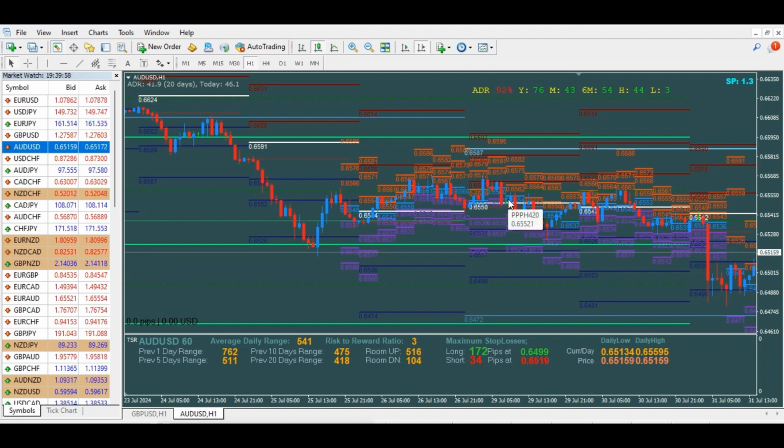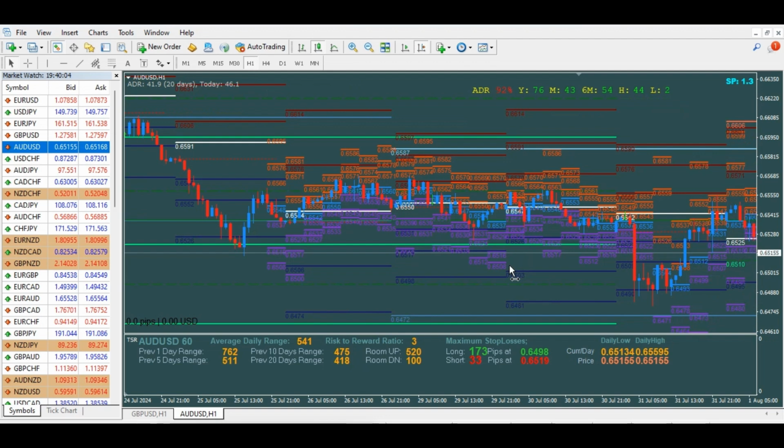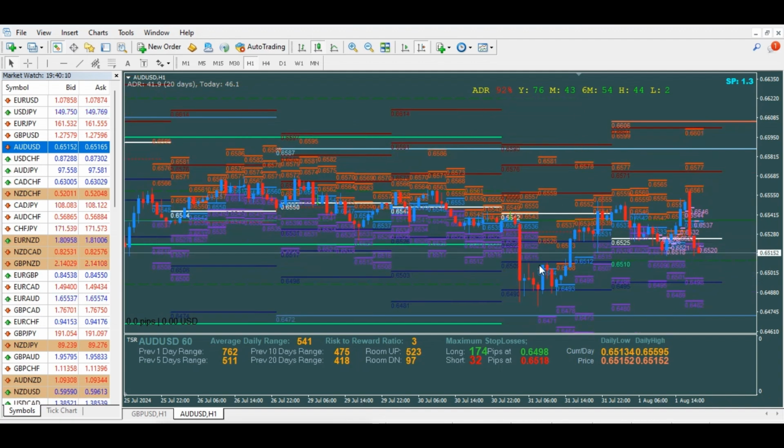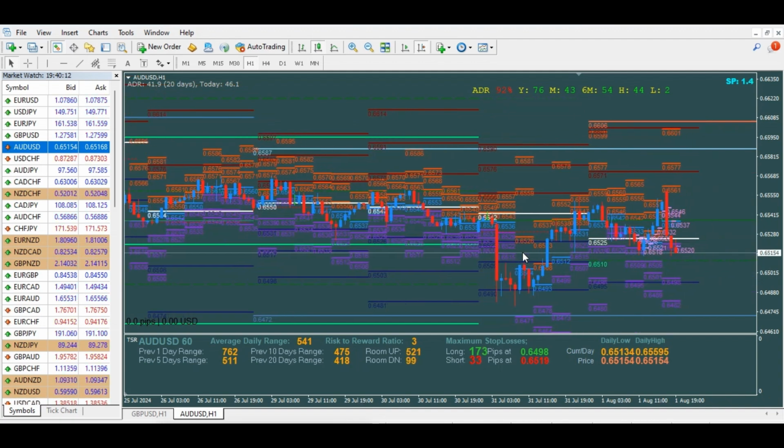And then I was stopped out in profit, but only a tiny bit of profit. And then you can see price kept on moving down and eventually moved towards the weekly S1. Didn't hit it, but came close. Okay. And then now the new month plotted. So we now have to wait for price to move to the monthly S levels or the monthly R levels.